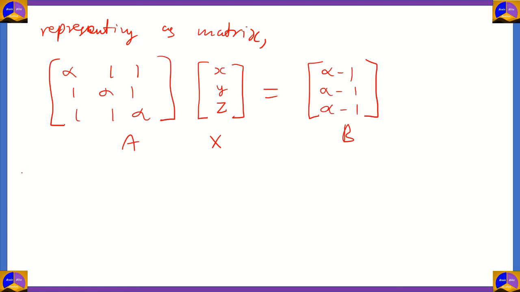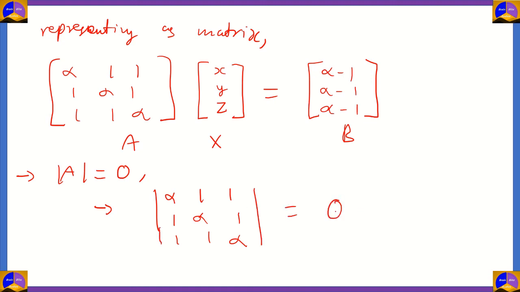Now remember that we have been given the condition that the system of equations does not have a solution. So that means the determinant of A is equal to 0 in that condition. So the determinant of the matrix with rows alpha 1 1, 1 alpha 1, 1 1 alpha is equal to 0.